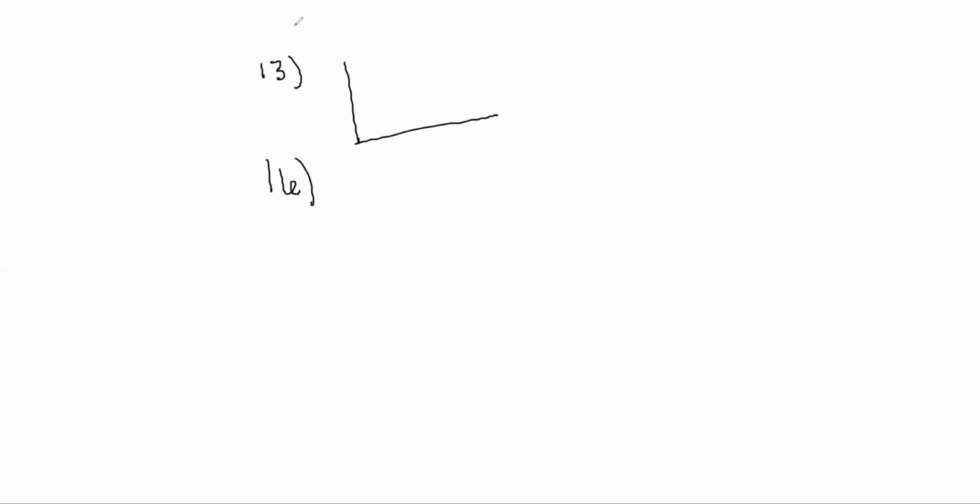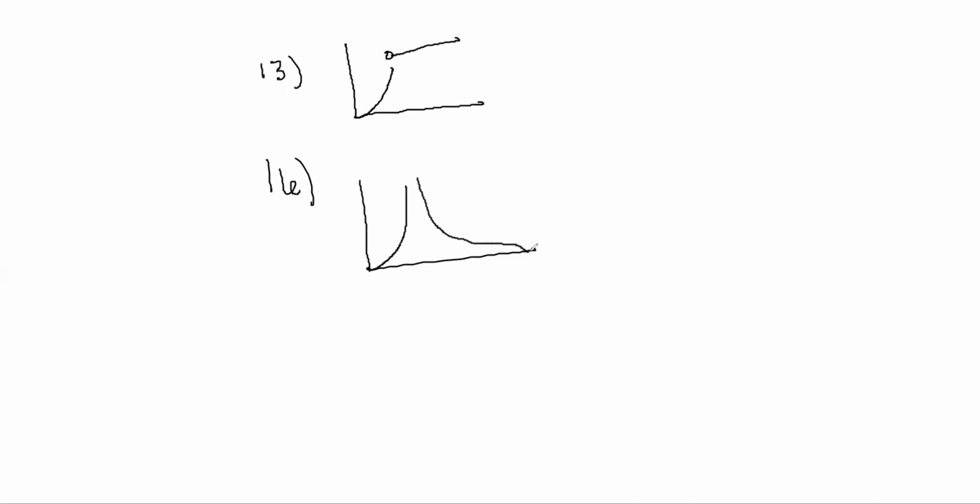So for 13, we have, oh, that's really off balance. And 16 looks like this. So this is 0.1, 0.2, 0.1, and 0.2. Okay, so we can pretty well establish that both of these functions are not continuous on the range 0 to 2.